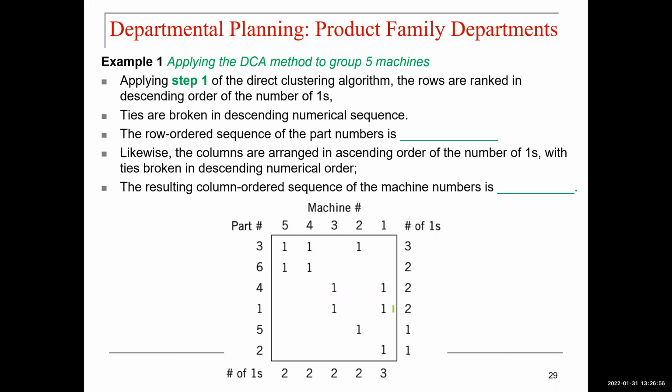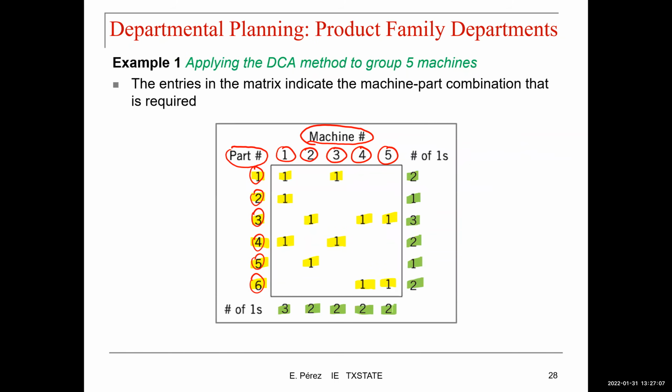Applying step 1 of the direct clustering algorithm, the rows are ranked in descending order of the number of ones. So you will see now, we started with 2, 1, 3, 2, 1, 2, but we are now sorting in descending order per row.